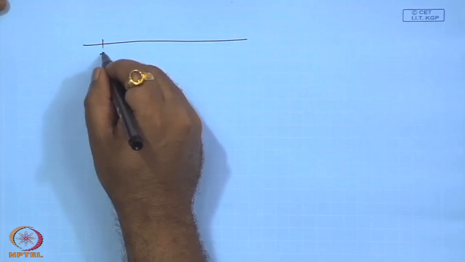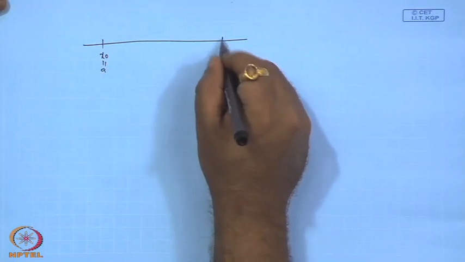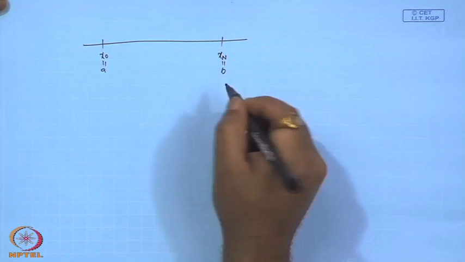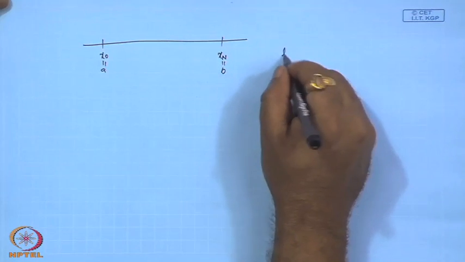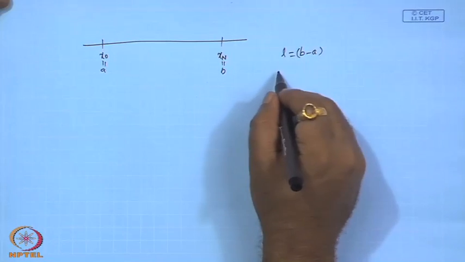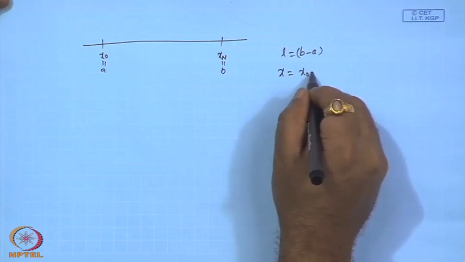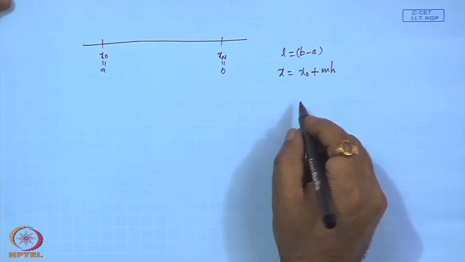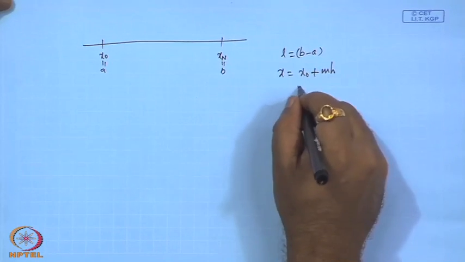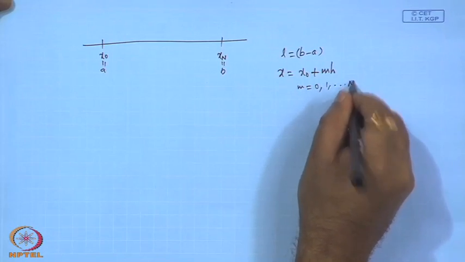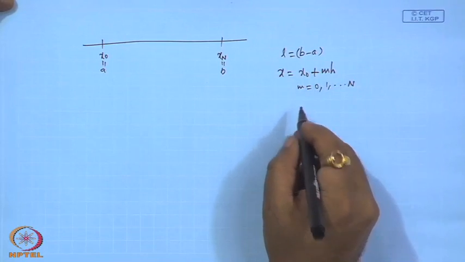So, x naught is a, x n is b, assume that L is b minus a, and x naught plus m h, where m is 0, 1, 2, up to n.